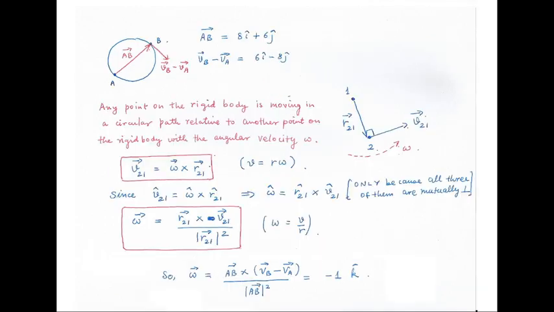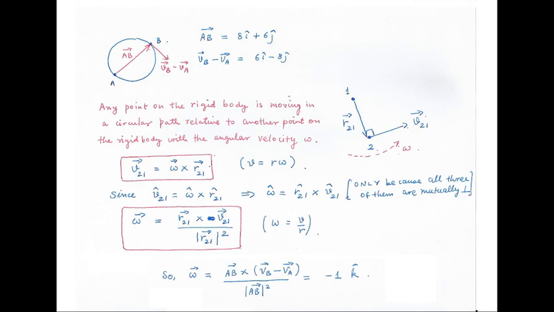Going back to the previous slide, these two formulas in the red boxes: the second one is saying if you know the relative position of 2 points and the relative velocity, you get omega straight away. The first one is telling you that if you already know omega and you know the position of one point relative to the other, you can find their relative velocity. And if you know the velocity of one of the points, you can also find the velocity of the other point.